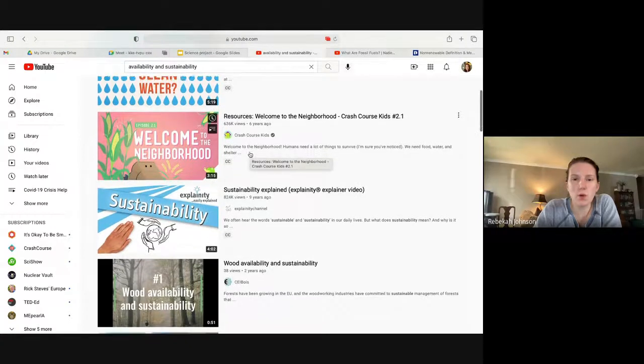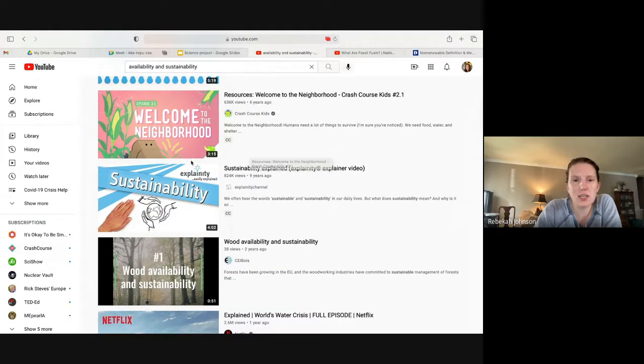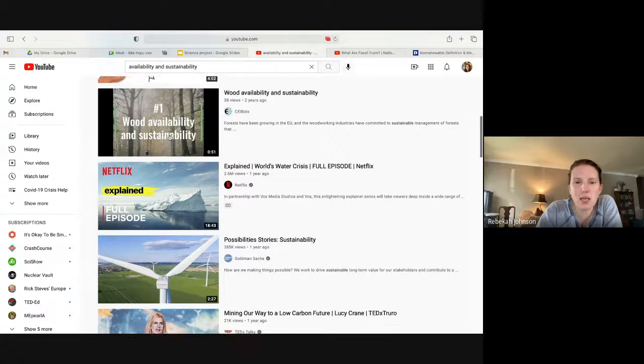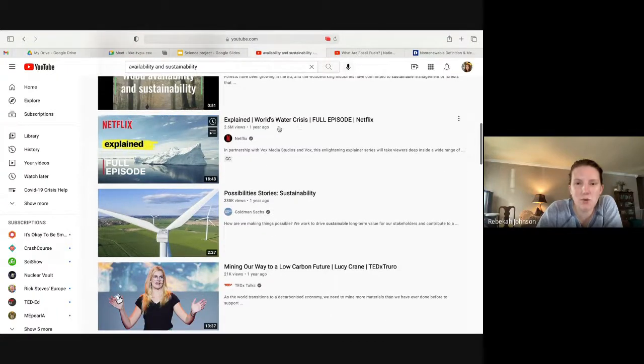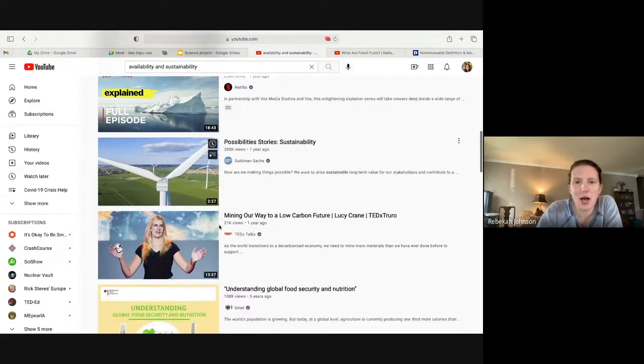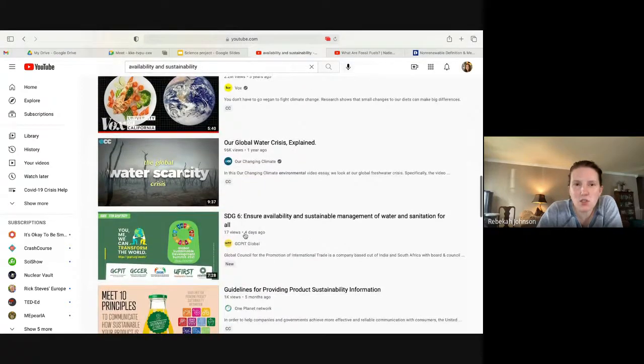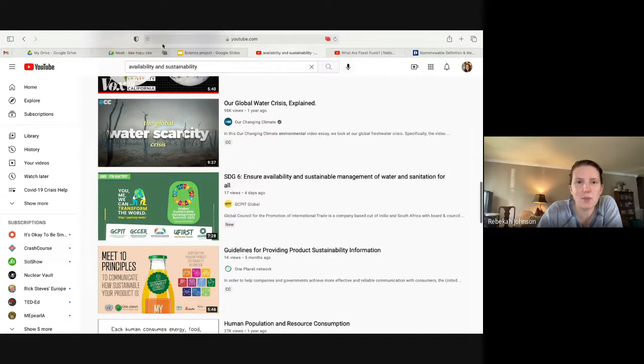So when we get into these, we see sustainability of resources here. And then if we keep going on, we'll see a lot of words like crisis, possibilities. And if we just look at sustainability, here's one: guidelines for providing product sustainability information.